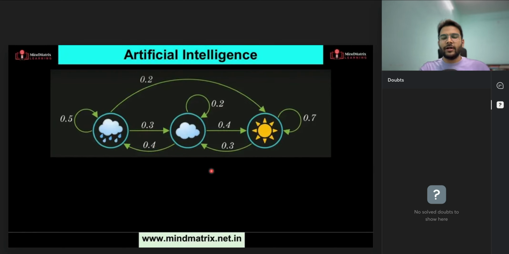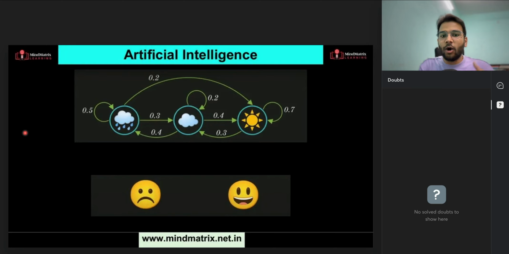So now carefully understand the problem statement. This guy Tom lives in a city, and this is the Markov chain given to you, with transition probabilities. Now based on the weather, whether it is rainy, cloudy, or sunny, the mood of Tom depends on that. Either Tom is sad, or Tom is happy.